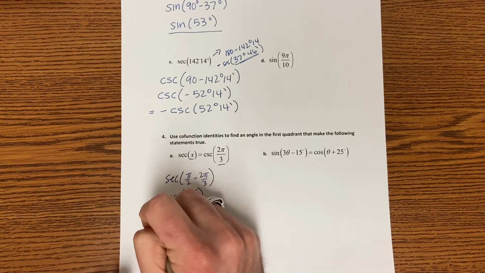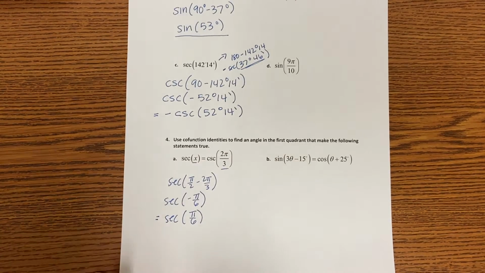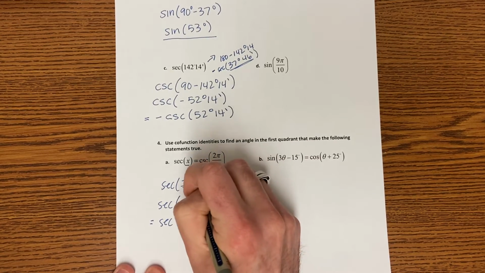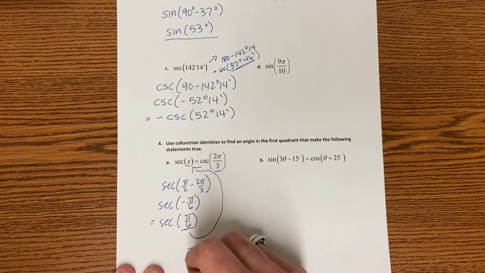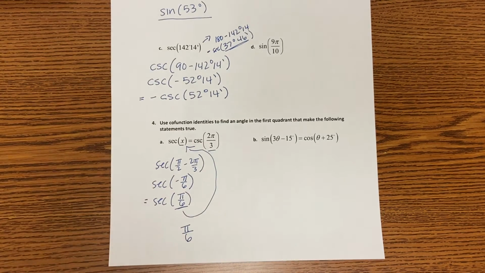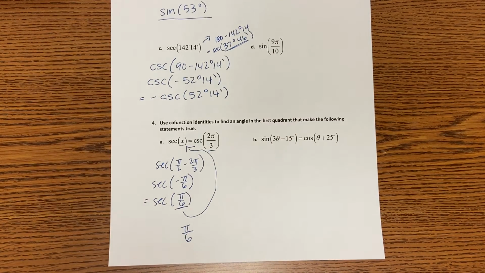So this is actually equal to the secant of pi over 6 because it's even. So actually that means the answer for x needs to be just regular pi over 6 in order for it to be in the first quadrant. B is similar, but perhaps slightly less difficult. We've done ones like it before, so I'll leave B for you to do.